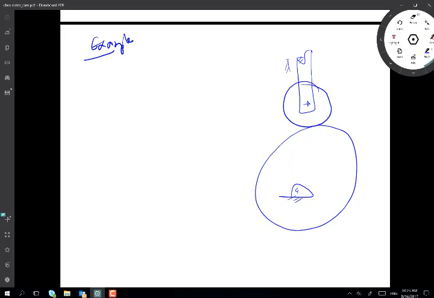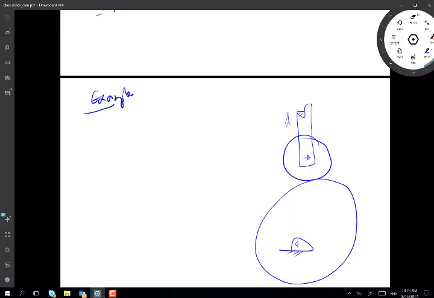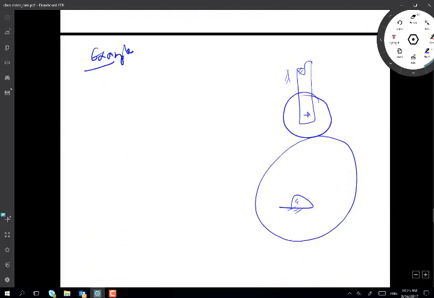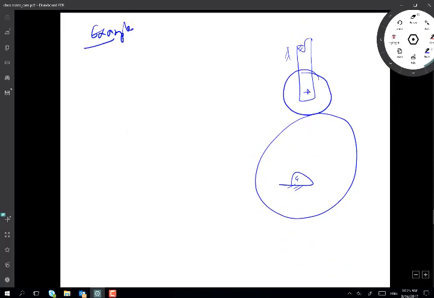That's another famous cam follower linkage. The difference between this one and the one above it: this one we call a flat faced follower. This one here is a roller follower, right? So that's a roller follower.